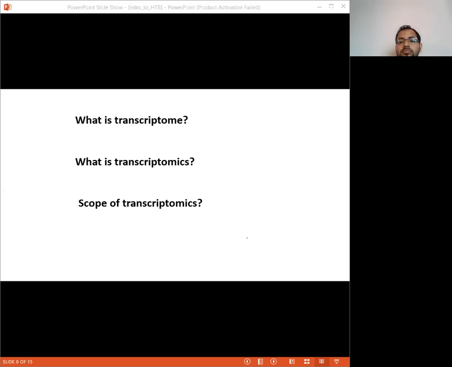Now, there are certain differences with other techniques like genomics. Now, genomics depends on DNA, right? Which is approximately stable. You know, the DNA is not changing so fast, but when you are considering the RNA, the expression of RNA is a dynamic process.